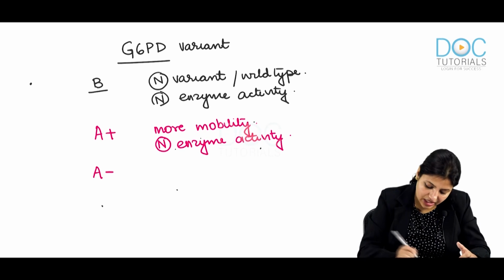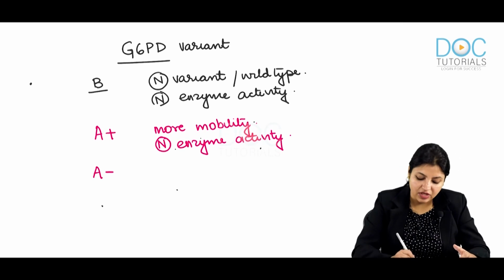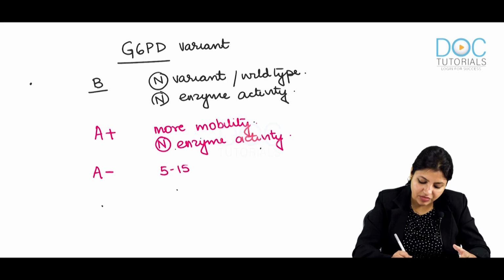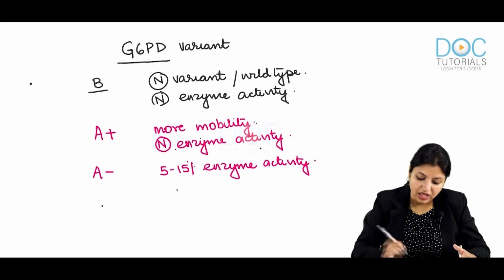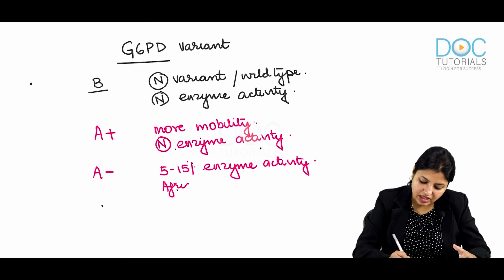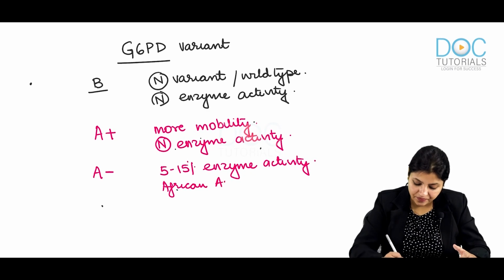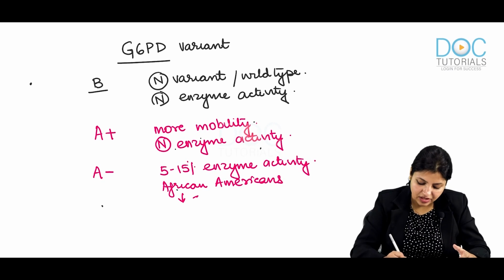Next variant is A negative. A negative has only 5 to 15% enzyme activity compared to the normal counterpart, and usually it is present in African Americans. It usually has decreased stability, so its stability is less.